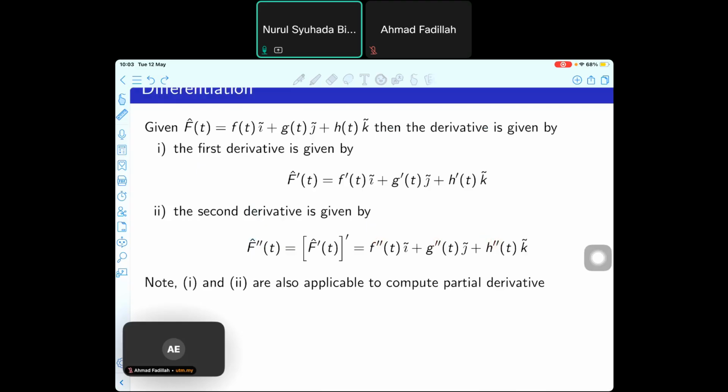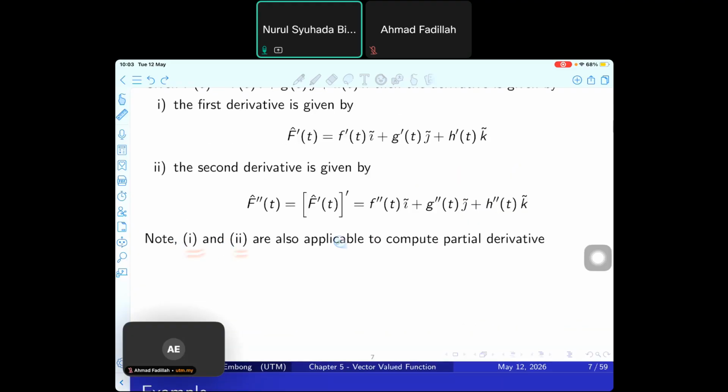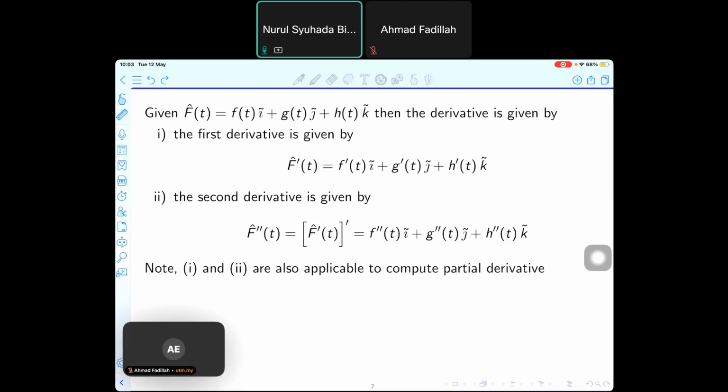So it is a similar process to what we learned previously, except we have the i component, j component, and also the k component. Note that rules 1 and 2 are also applicable to computing the partial derivative. The same rule applies over vectors here. If you have a vector with more than one variable, you can find the partial derivative using the rules given by 1 and 2.